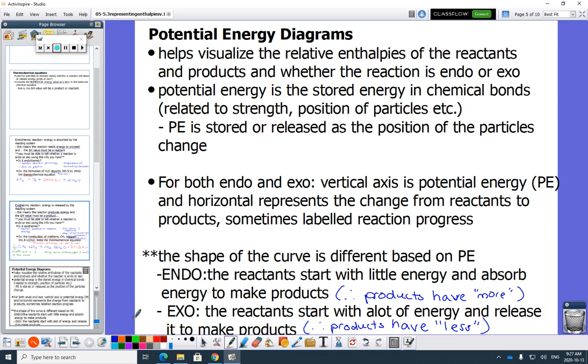Okay, so if you printed the notes off, there should be two boxes. We're going to do endo in one and exo in the other. Okay, so you don't have to squish them.